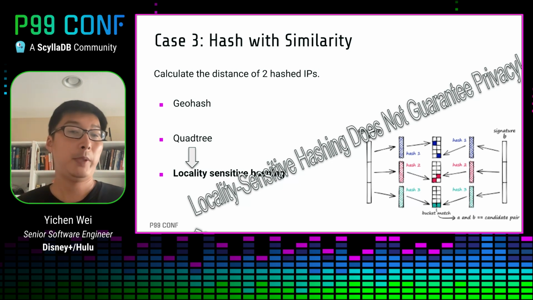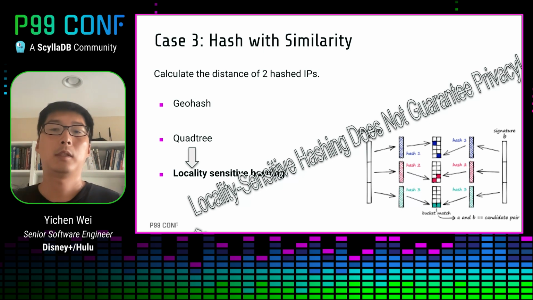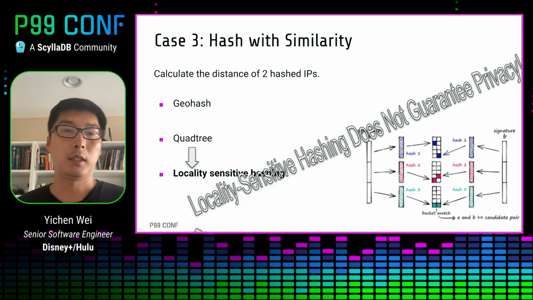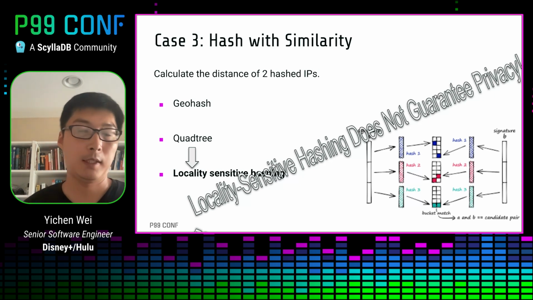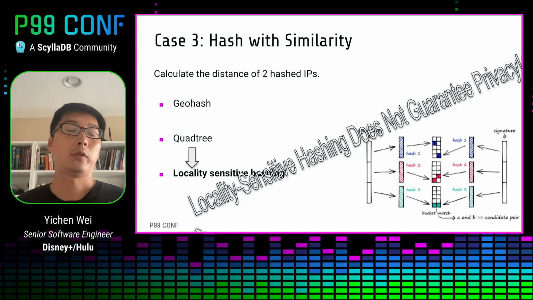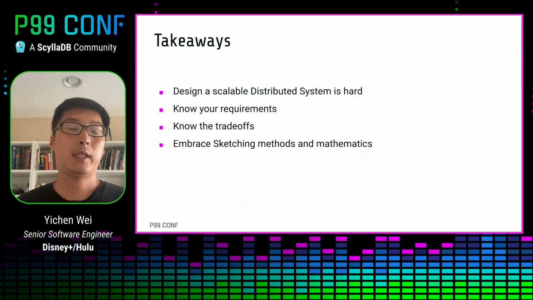So based on this paper, what we want to do next is use a differential privacy method combined with locality sensitive hashing, to first guarantee there's no privacy concern, and also to calculate the similarity for different hashed IPs. Okay, so that's the last case.